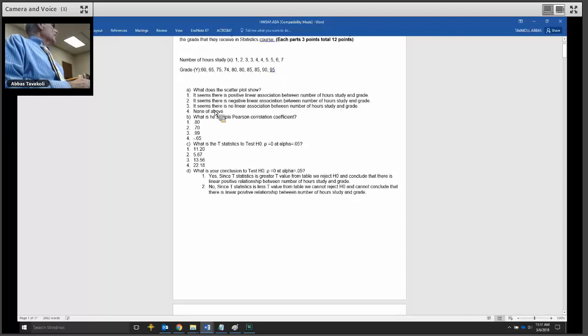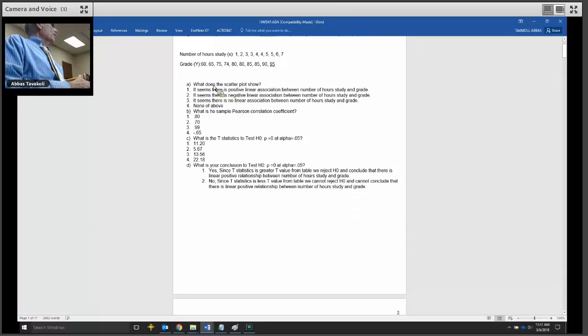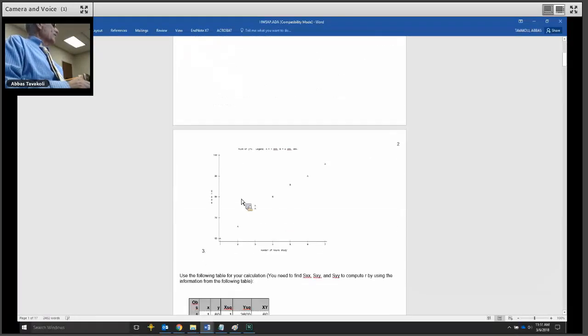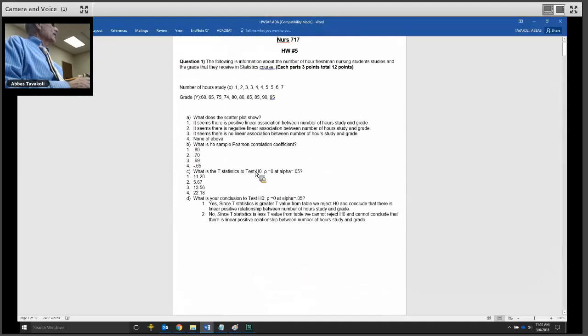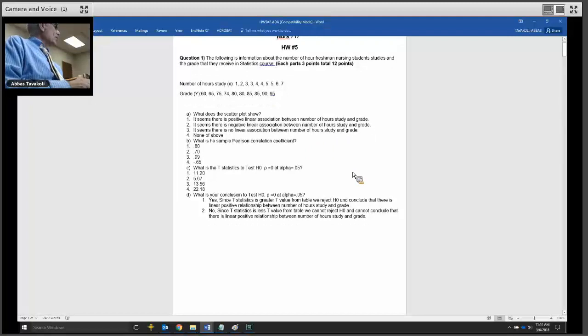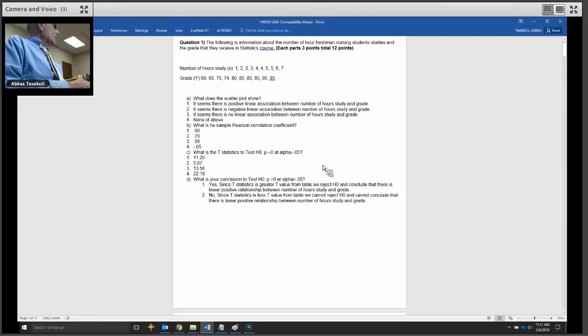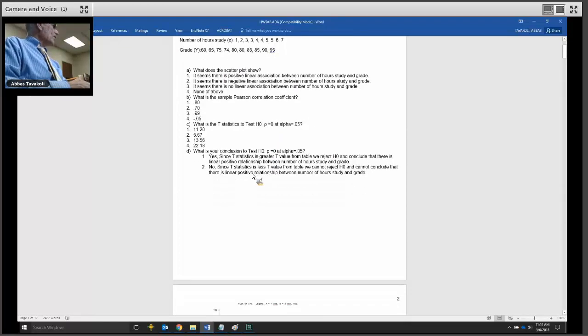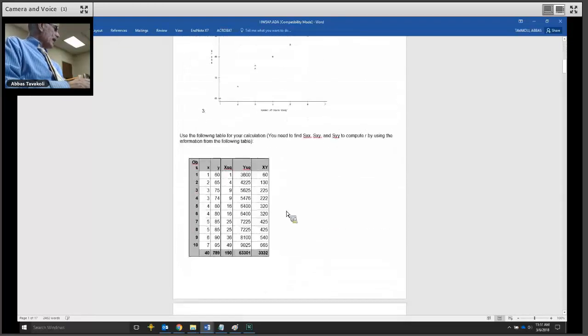I ask you to look at the scatter plot and tell me what you're seeing, whether there is a linear relationship and what direction it is, positive or negative. Then I ask you to calculate the sample Pearson correlation, then do a test statistic, and make a conclusion about that.